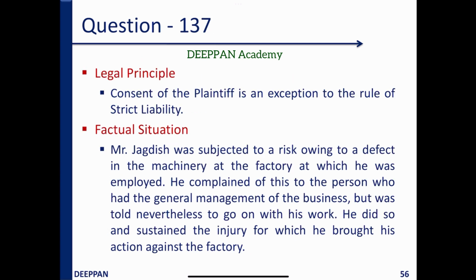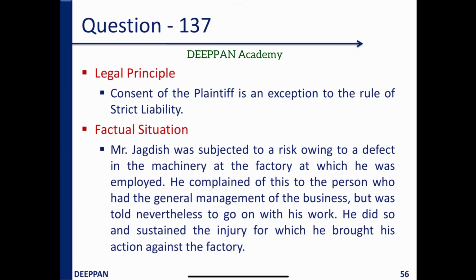Legal principle: consent of the plaintiff is an exception to the rule of strict liability. Factual situation: Mr. Jagdish was subjected to a risk owing to a defect in the machinery at the factory at which he was employed. He complained of this to the person who had the general management of the business, but was told nevertheless to go on with his work.